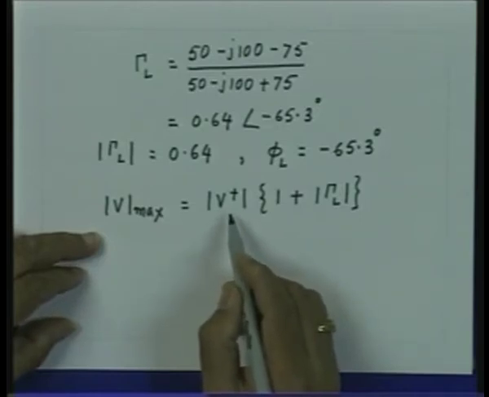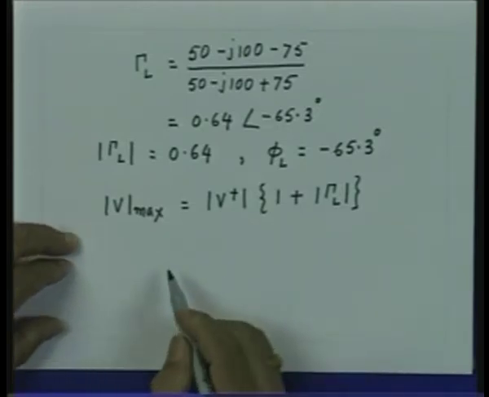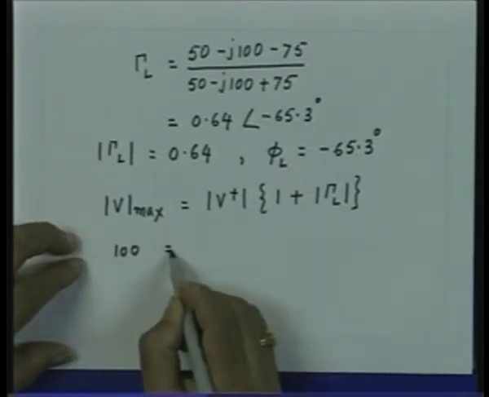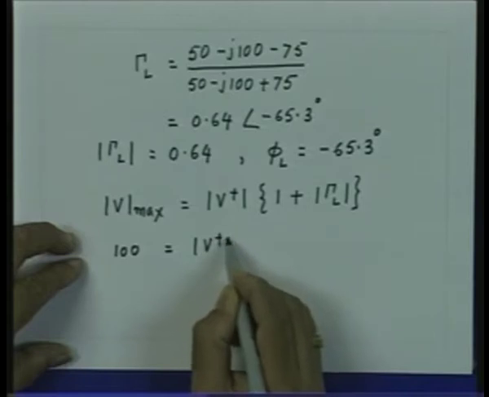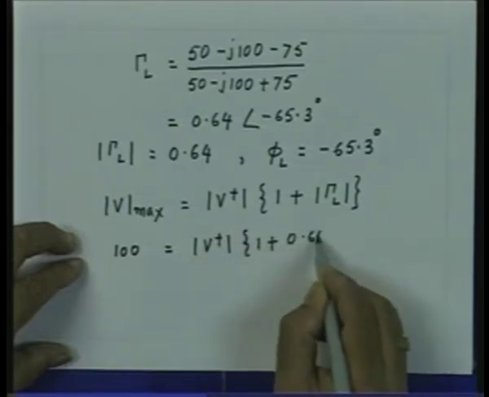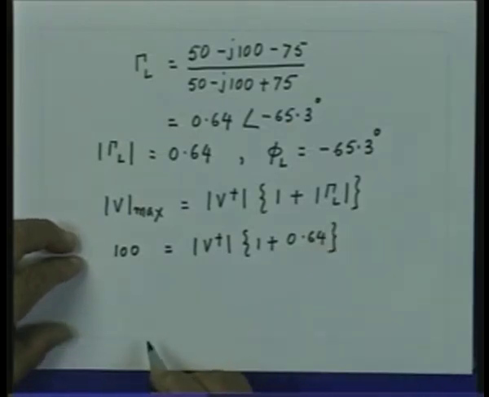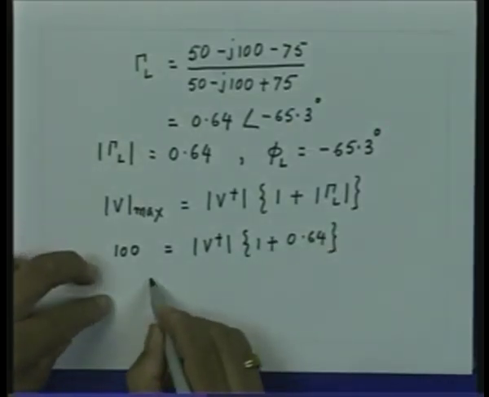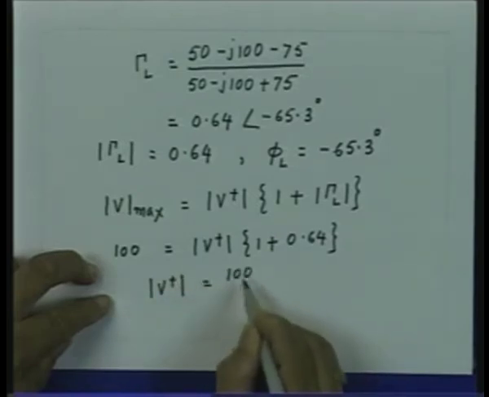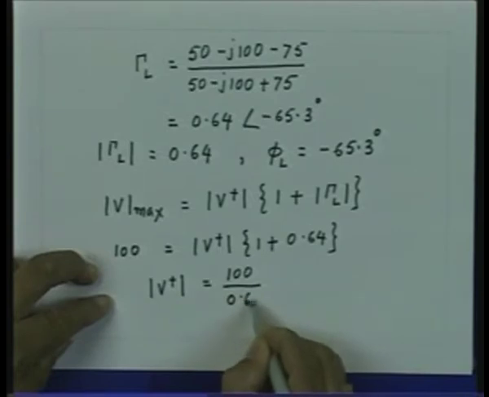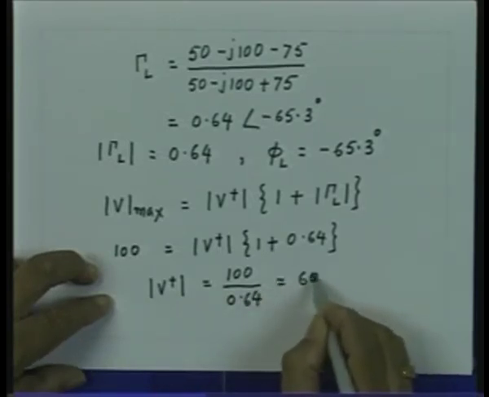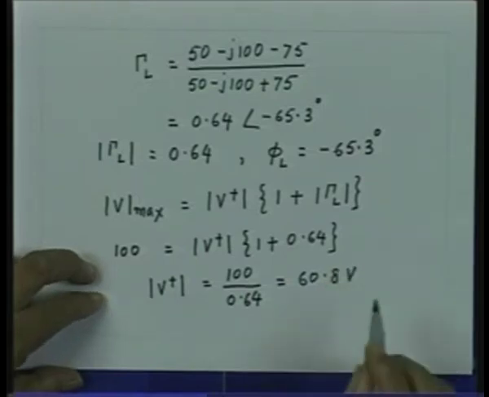Substituting, 100 is equal to mod V plus into 1 plus 0.64. Inverting this relation, mod V plus is 100 divided by 1.64, which is 60.8 volts.